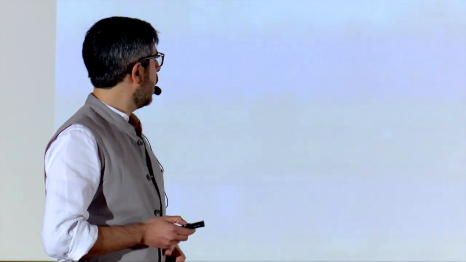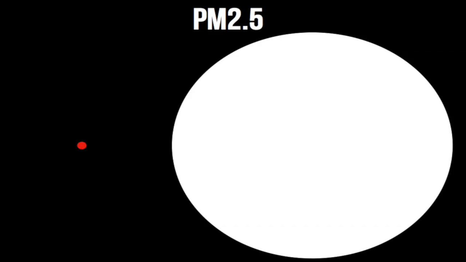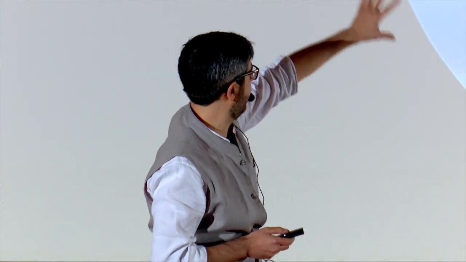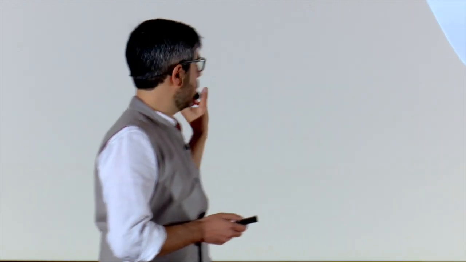So just how small is PM2.5? There's a little bit of light on the screen here, but if you see there's a little red dot on the left, that's PM2.5, and that ginormous circle on the right, that's the diameter of a human hair. So that's a very, very small particulate matter.